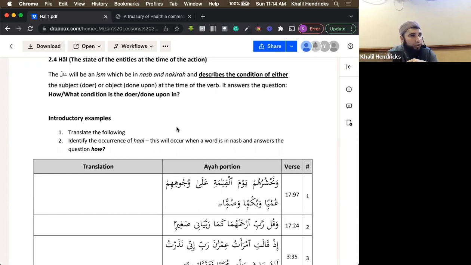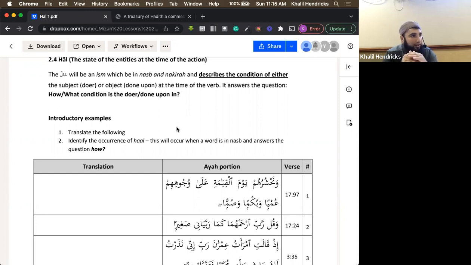What answers that question would be the maf'ulun bihi. For maf'ul li ajlihi, we said if it answers the question, why was the action done? Then that is the maf'ulun li ajlihi.